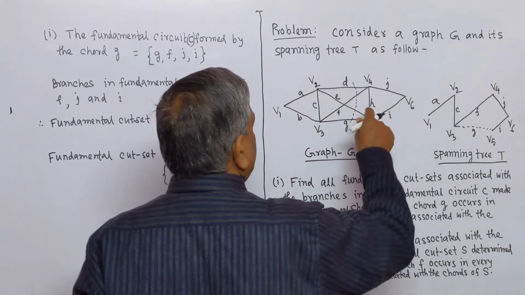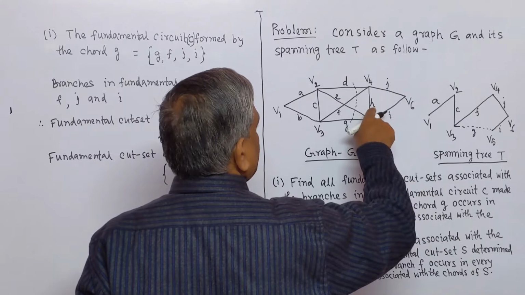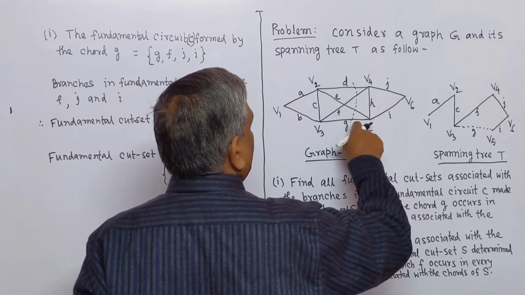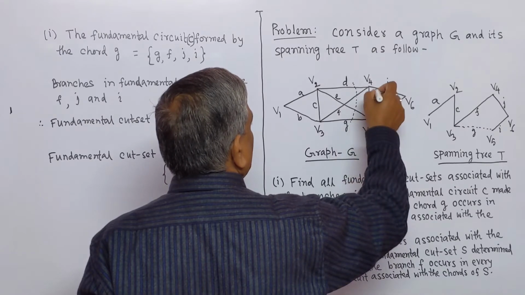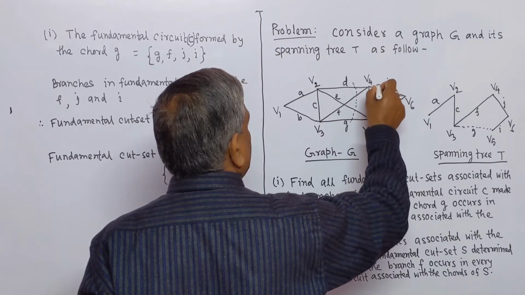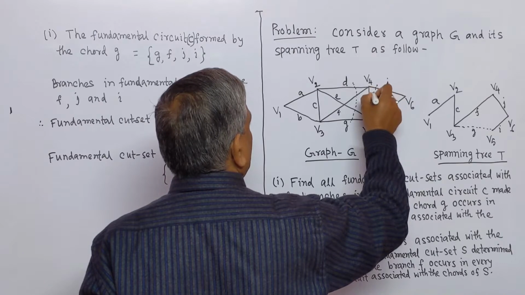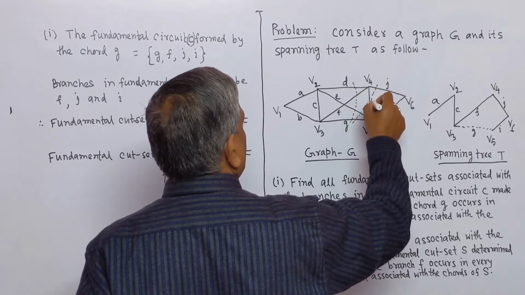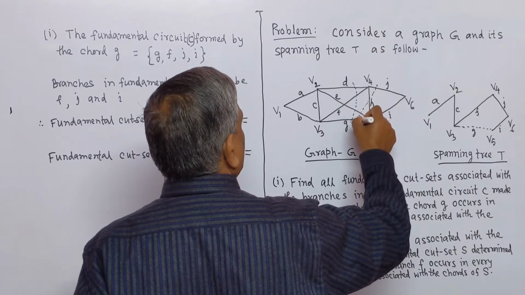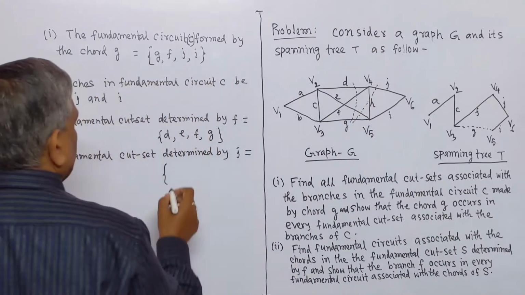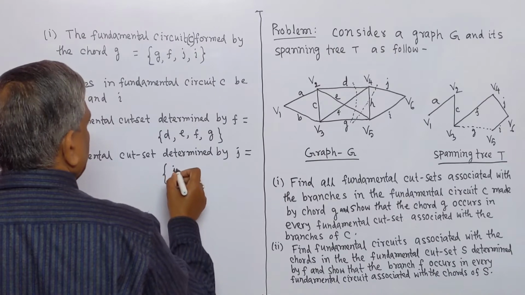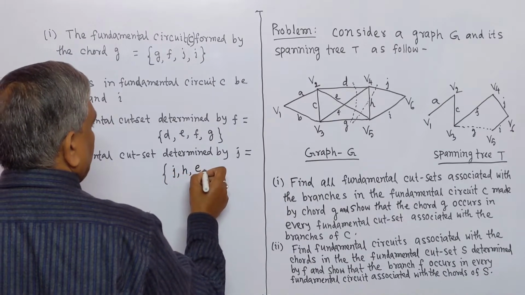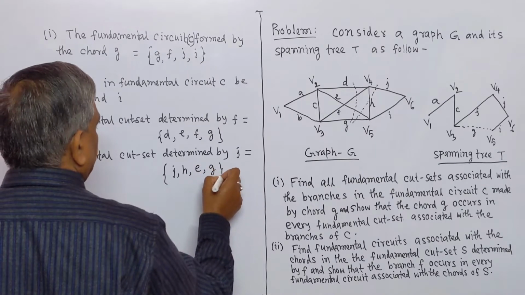So, but H, E and G are not branches. So we take fundamental cut set determined by J will be like this: J, H, E, G.